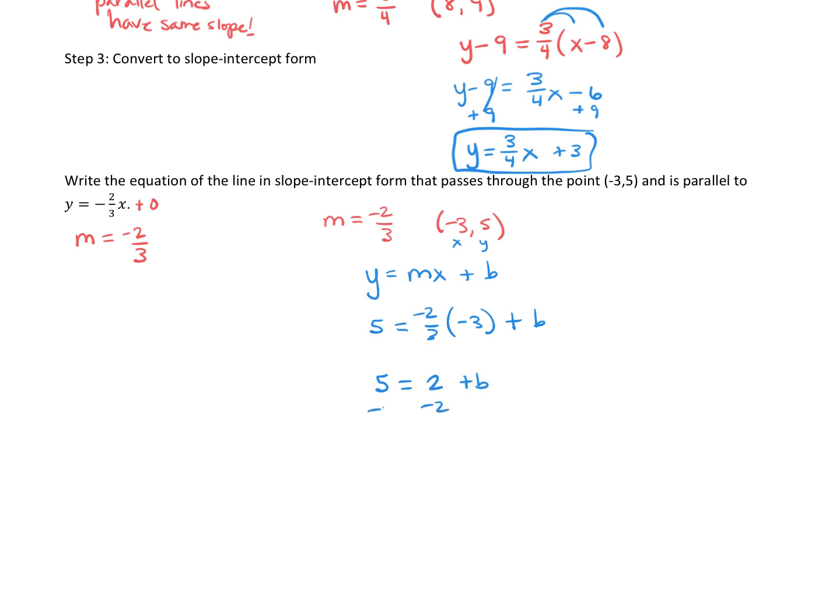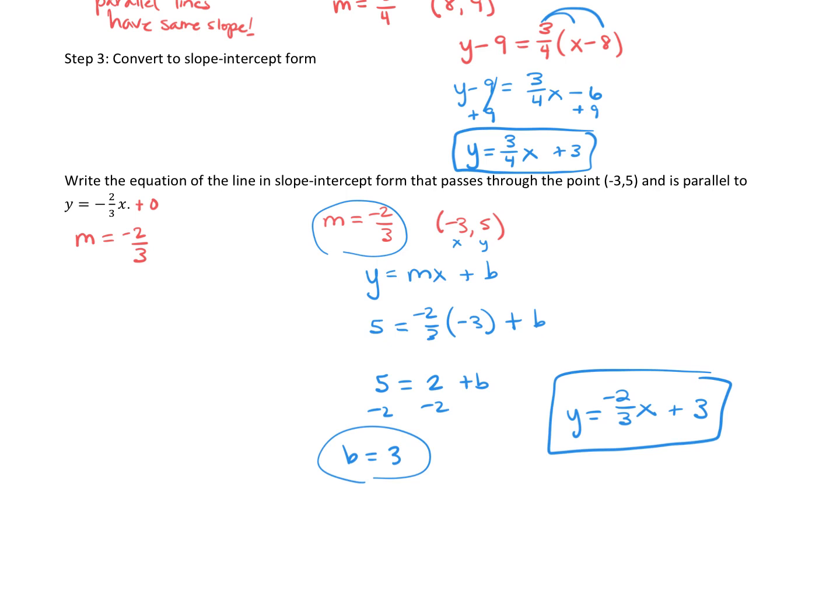Then all we have to do is subtract 2 from both sides, so b is equal to 3. So we just found the y-intercept, and we know our slope is negative 2/3. We can go right into slope-intercept form: y equals negative 2/3 x plus 3.